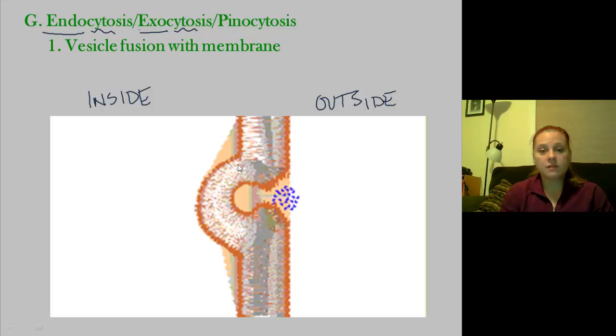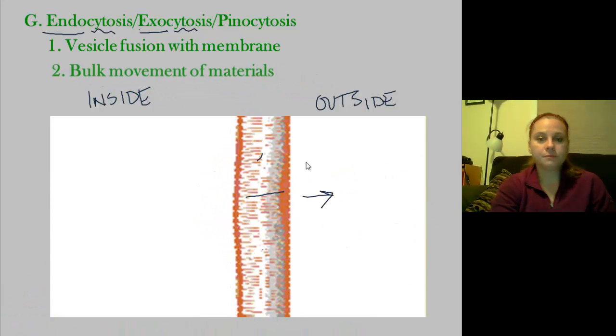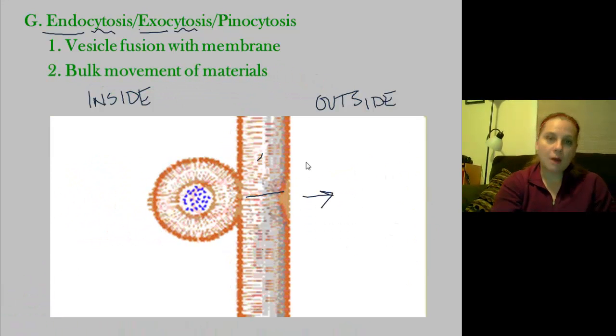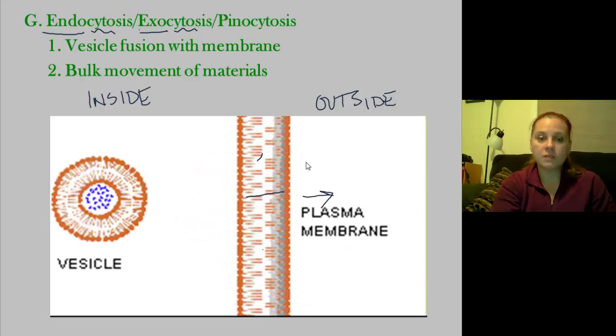Because it's made of the same lipid bilayer, when it attaches, it becomes part of the cell membrane and then pushes my substance out. In this case, this would be exocytosis. So this vesicle fusion with the membrane allows for a pretty significant bulk movement of materials.